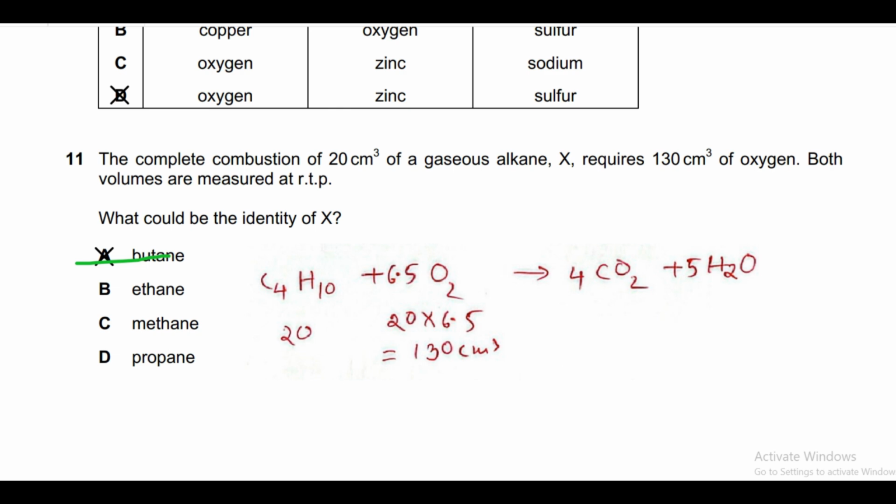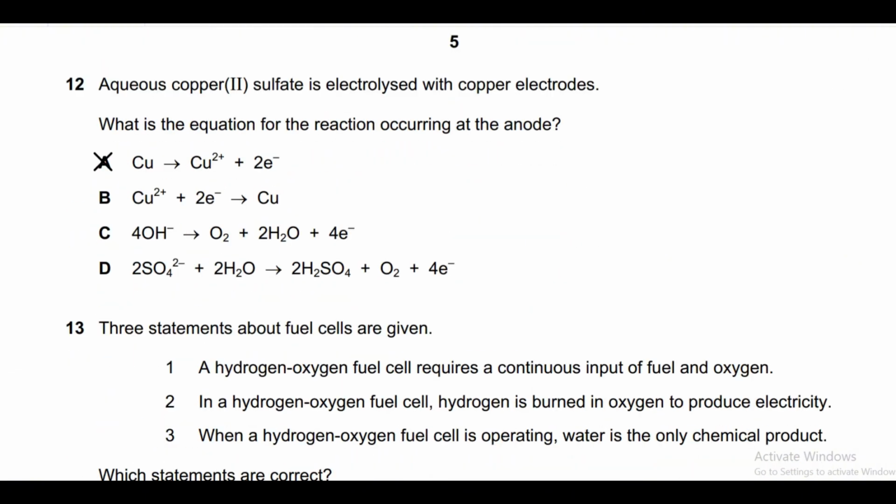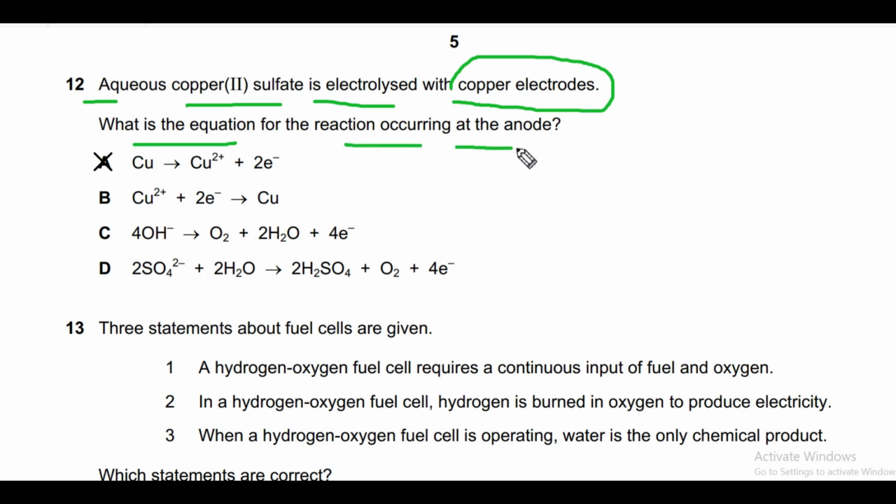Next, number 12, aqueous copper 2 sulfate is electrolyzed with copper electrodes, non-inert electrode, not carbon electrode. So what is the equation for the reaction that occurs at the anode?